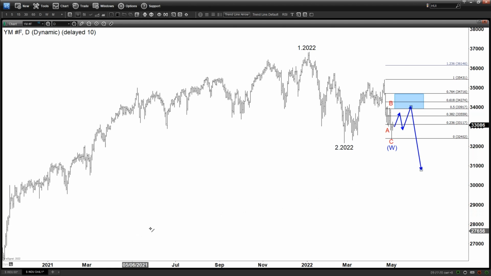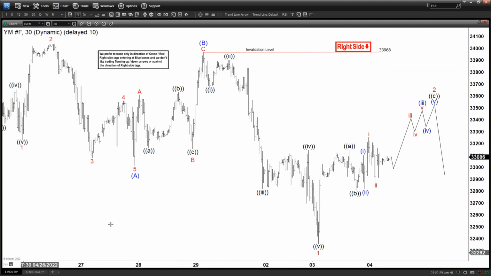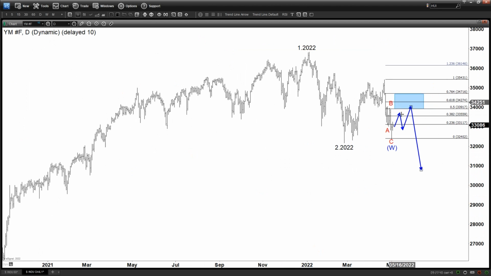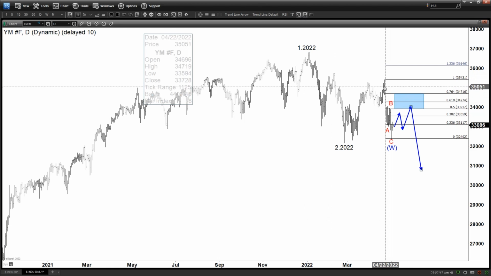But in the shorter cycle, the rally can have two possible options. One is what we are presenting, which is our primary view. This is in fact the most aggressive view. It is basically bearish against this 33,968, and the less aggressive view is going to be correcting larger degree but remains bearish against this peak here, which is the April 21st high at 35,413.